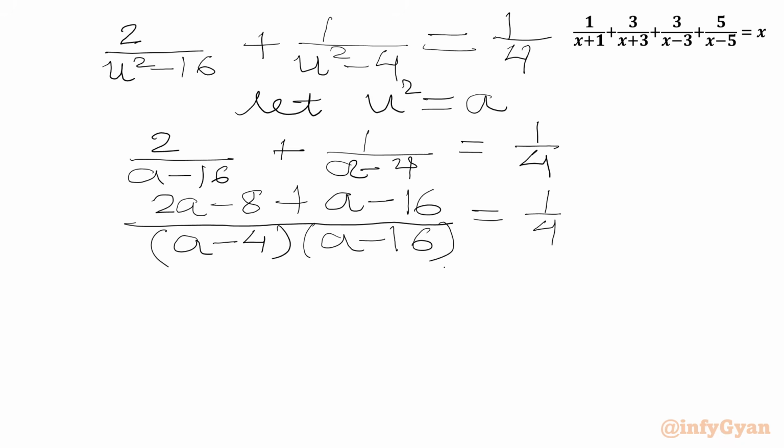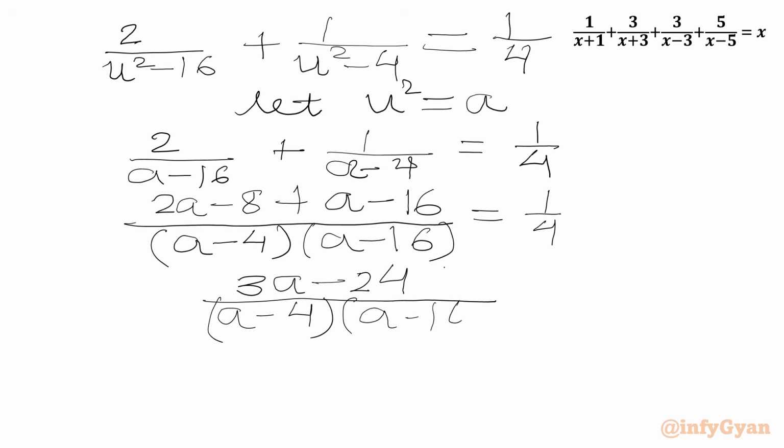So we can write 2a plus a is 3a, minus 8 minus 16 is minus 24, over a minus 4 times a minus 16 equal to 1 over 4.